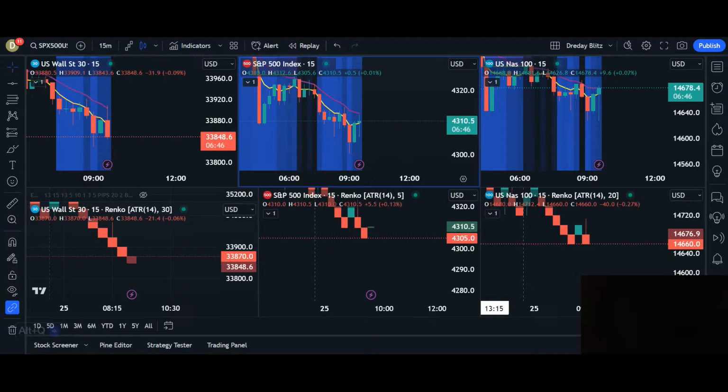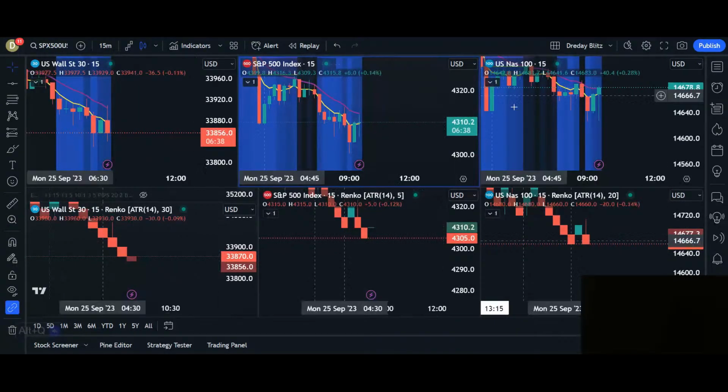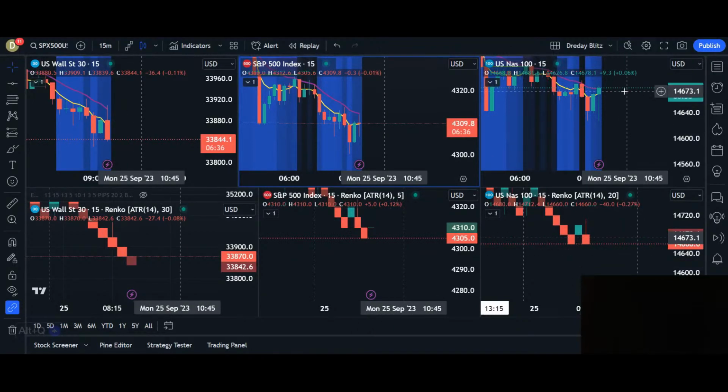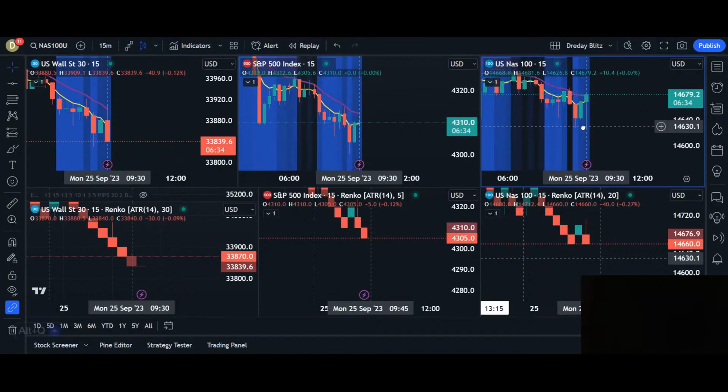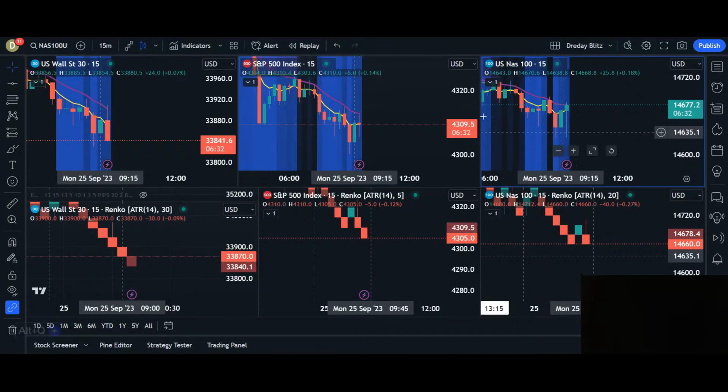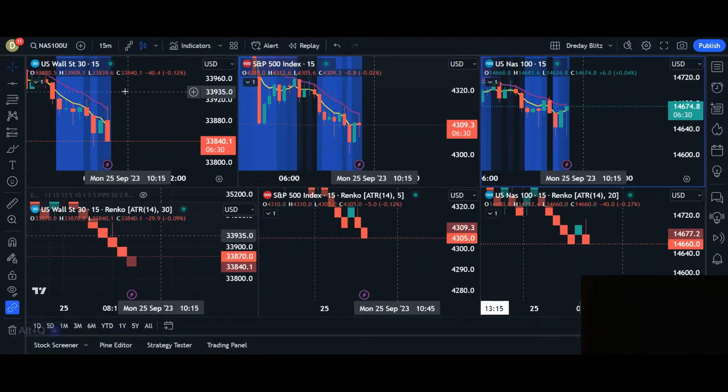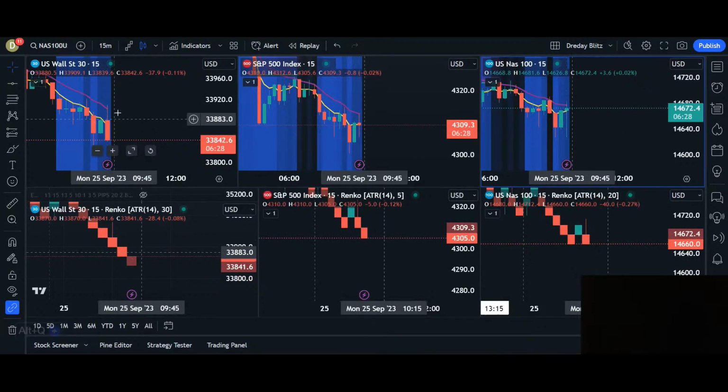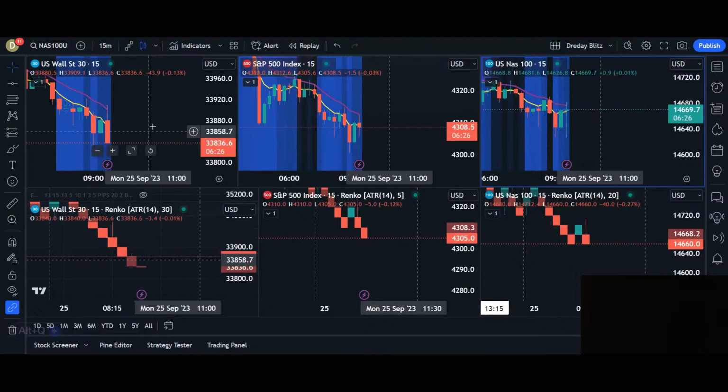So we are 8 minutes past the start of the New York session. So far we have a bearish movement here on the US 30.